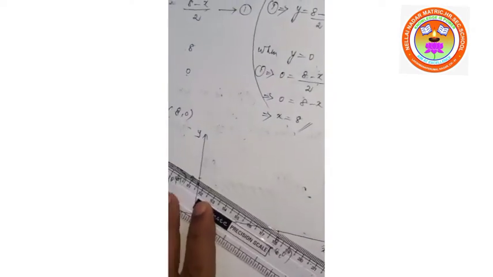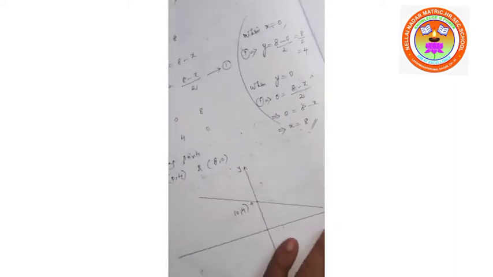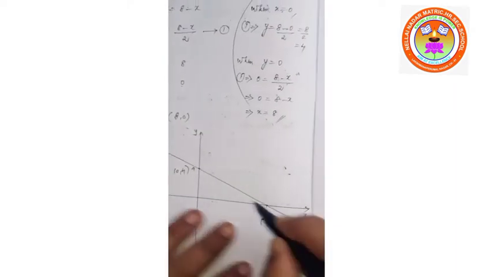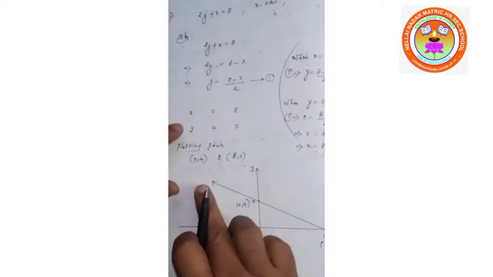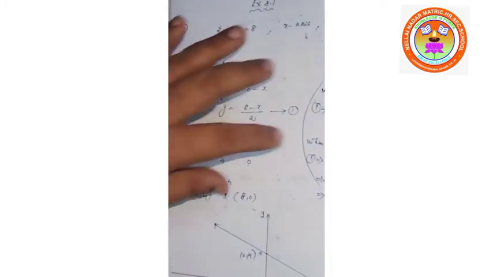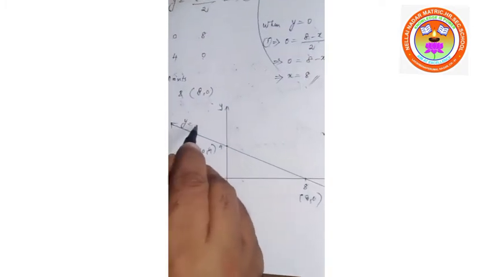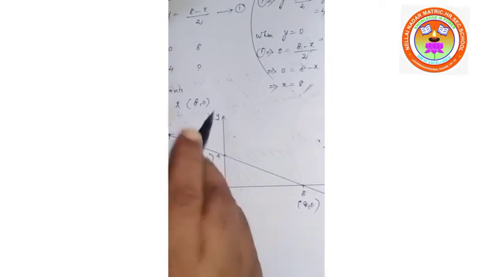Join both points and we get a straight line. That is the equation of this line, equation number 1, y equals (8 minus x) by 2.